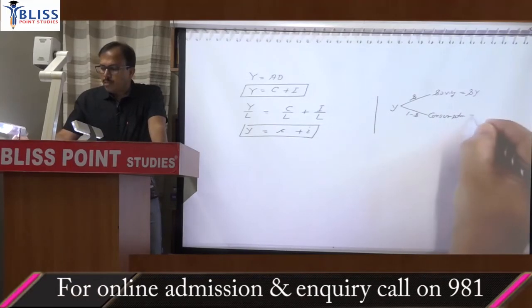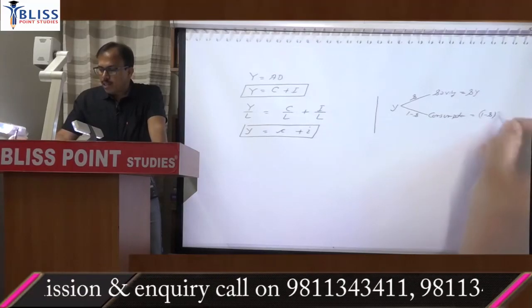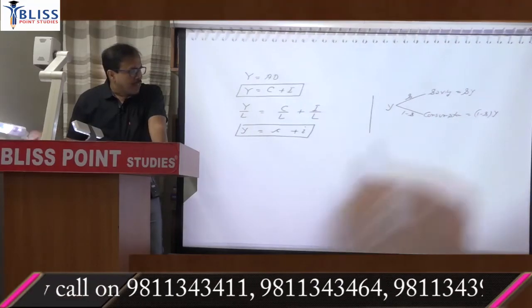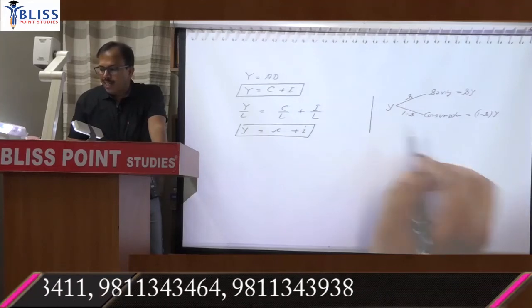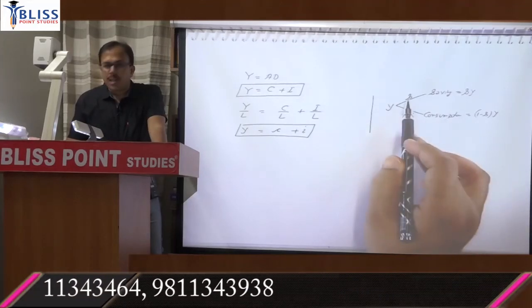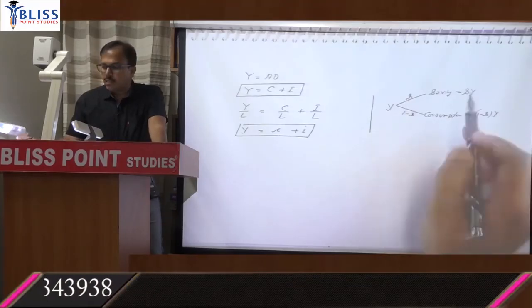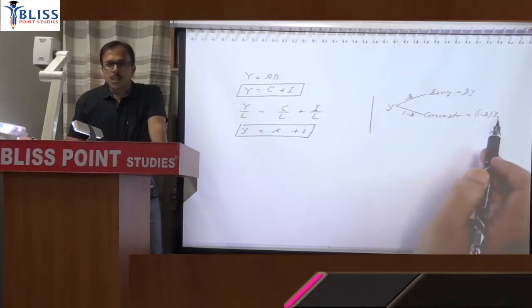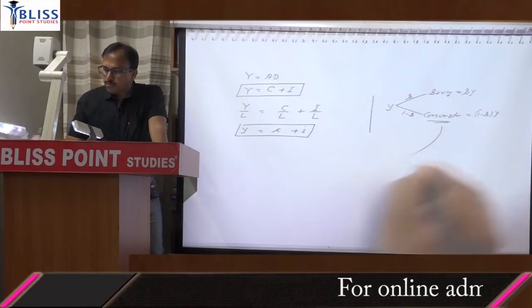So what will be consumption? 1 minus s into y. Clear this point? Out of that income, one fraction has been saved, the remaining has been spent on consumption. So small s is not saving, small s is the saving rate. Saving is s into y. Consumption is 1 minus s into y. So now substitute this consumption here.